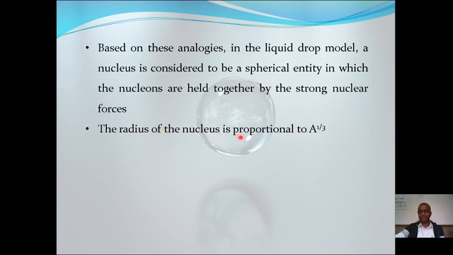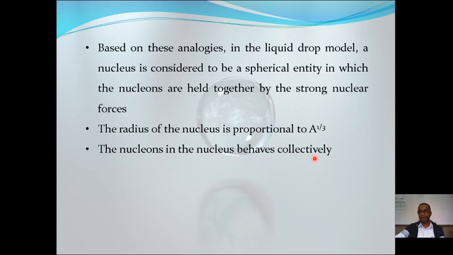The radius of the nucleus is proportional to A to the power 1/3, where A is the mass number of the nucleus, that is, the total number of protons and neutrons in the nucleus. So the radius of the spherical nucleus is proportional to A^(1/3). The nucleons in the nucleus behave collectively.